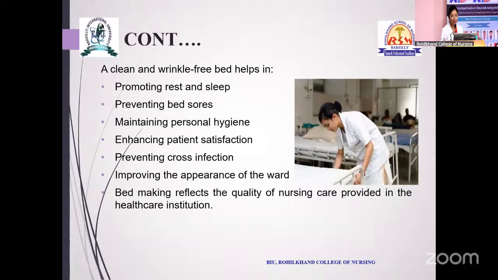If we prepare a clean and wrinkle-free bed, it will help in various ways: promoting rest and sleep, preventing bed sores, maintaining personal hygiene, enhancing patient satisfaction, preventing cross-infection, improving the appearance of the ward, and last, bed making reflects the quality of nursing care provided in the healthcare institution.